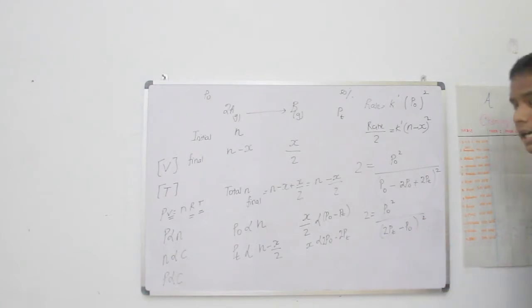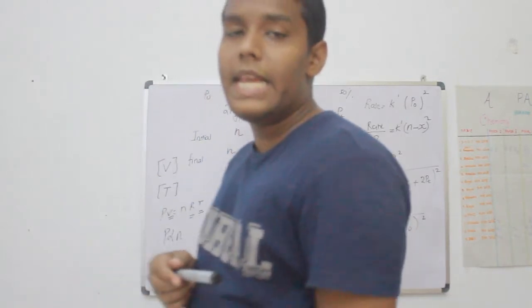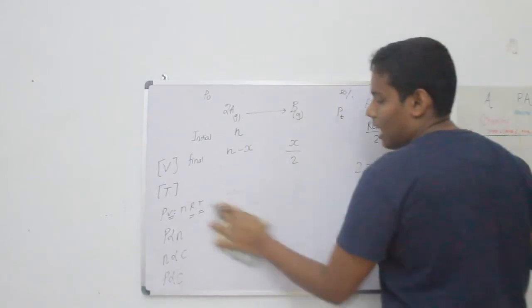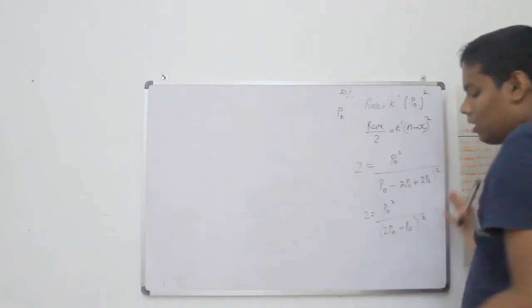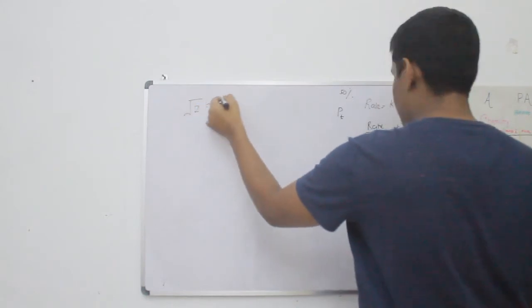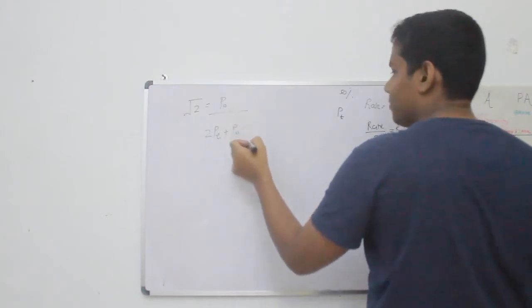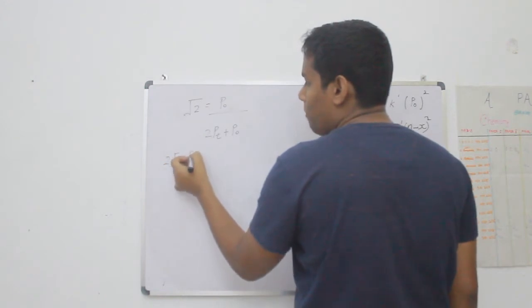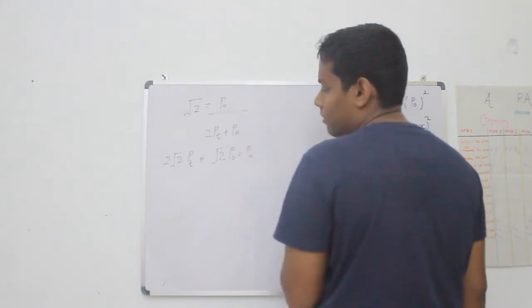But the question is asking us Pt by P naught. Now what can I do? From this equation, I'm going to take the square root. So square root of 2 equal to P naught by 2pt minus P naught. So 2 root 2 pt plus root 2 P naught equal to P naught.